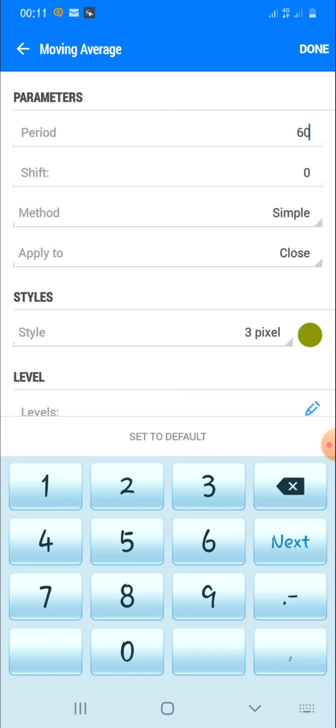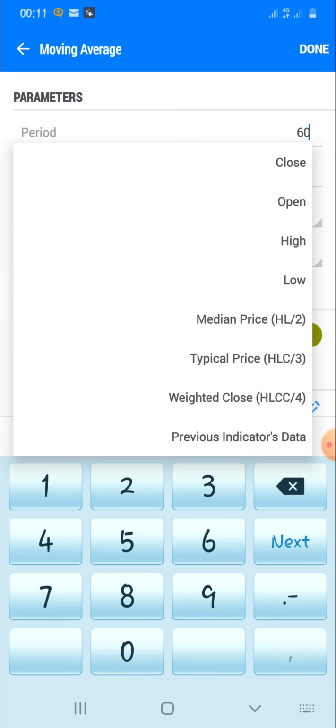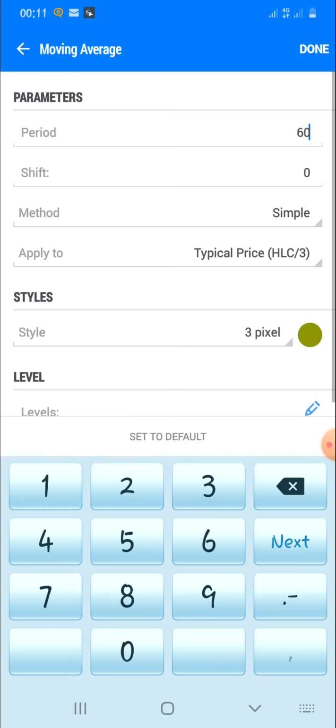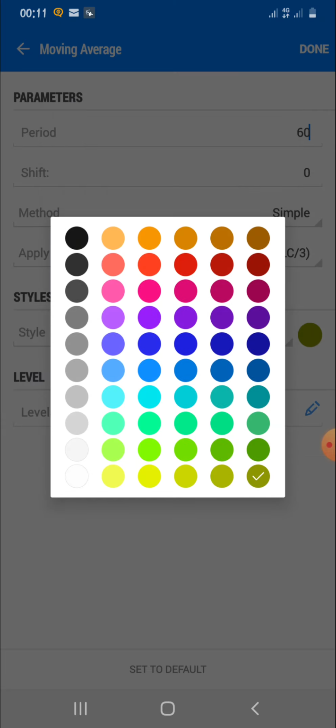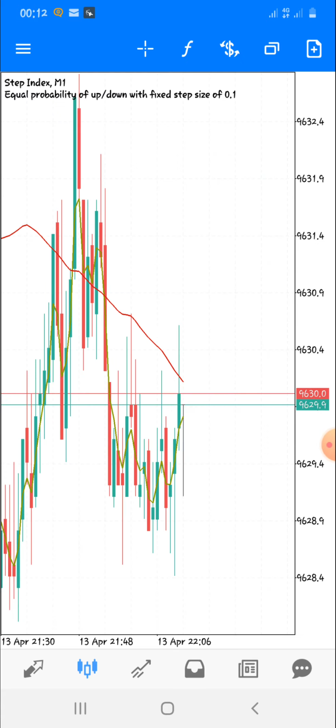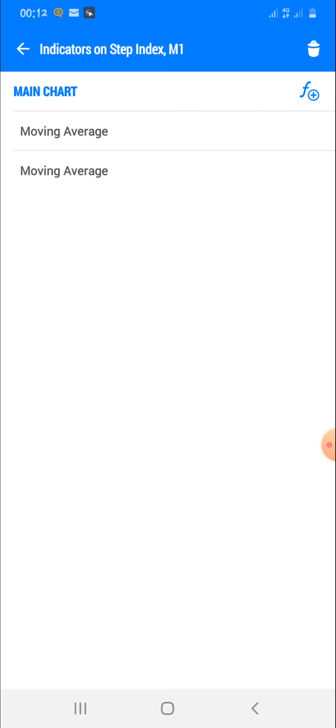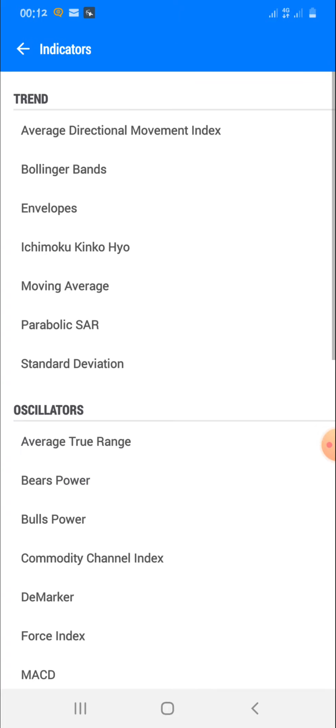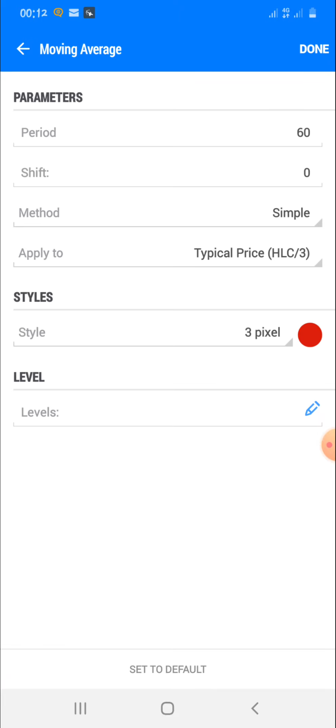Let's apply it to typical price. Then let's change the color to orange, then we click done. No, orange doesn't favor us. Okay, let's leave orange alone, and let's add another indicator.